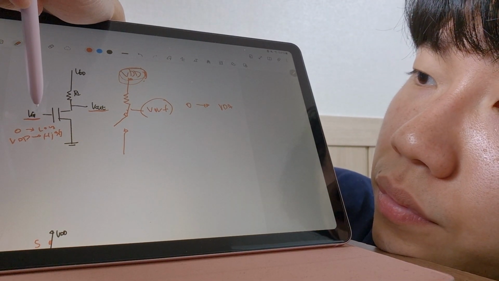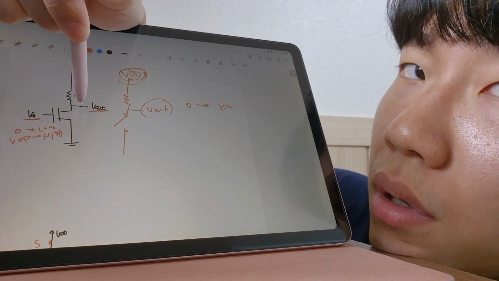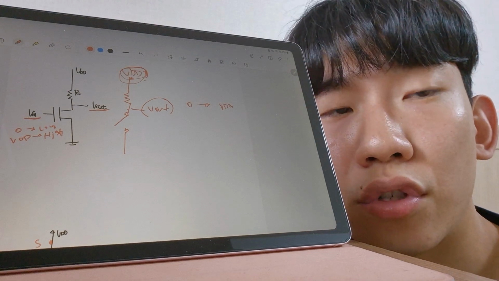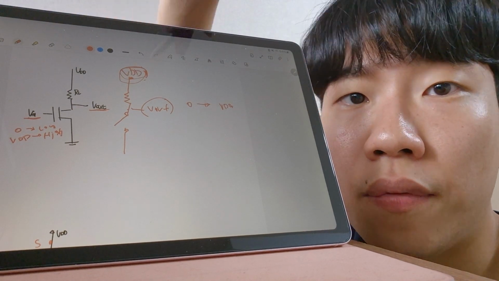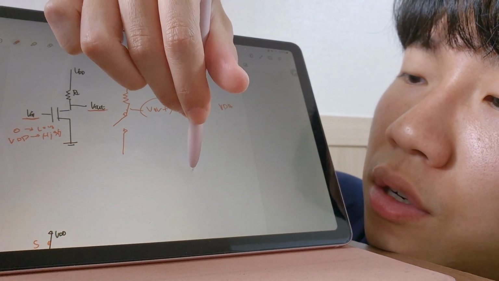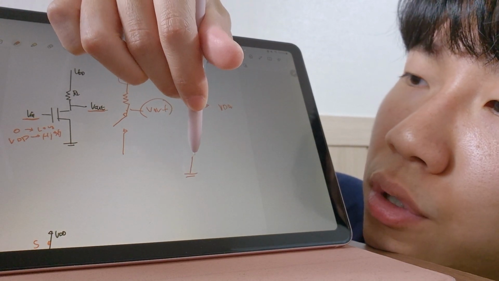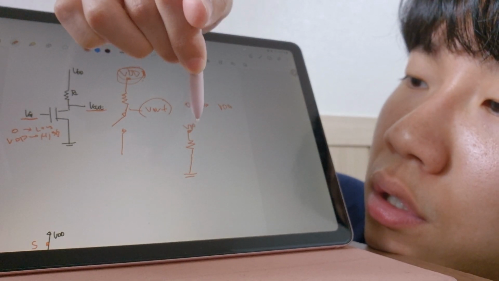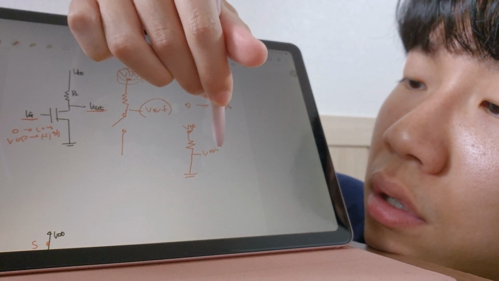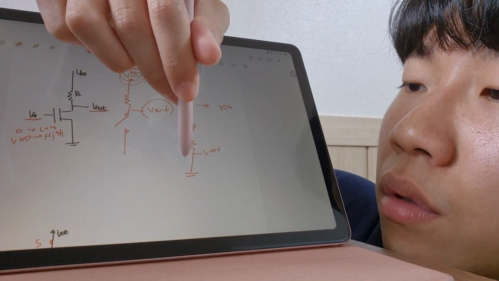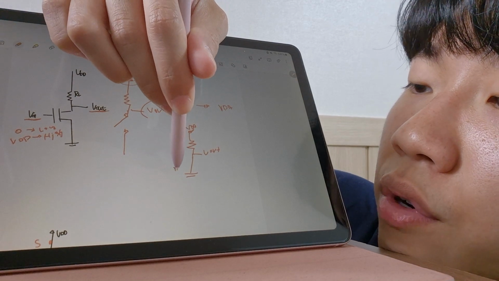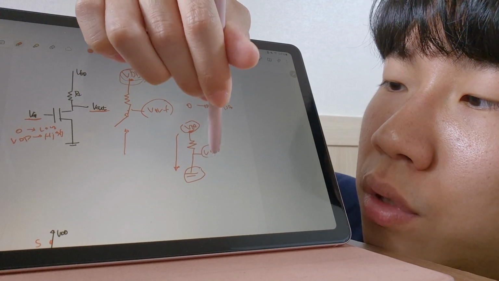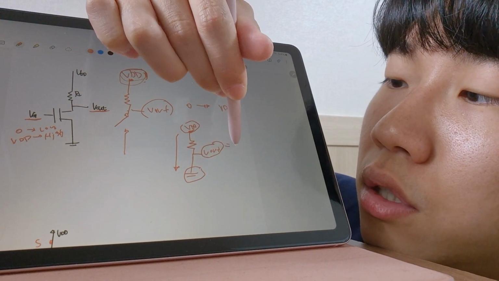Then we apply a high voltage to this single MOSFET. This has an inversion channel, so we think this circuit is shorted, and the circuit is like this. Drain current flows from VDD to ground, and Vout is 0.